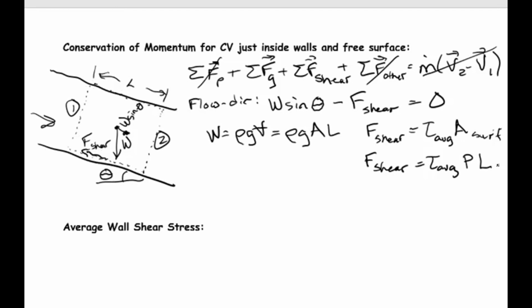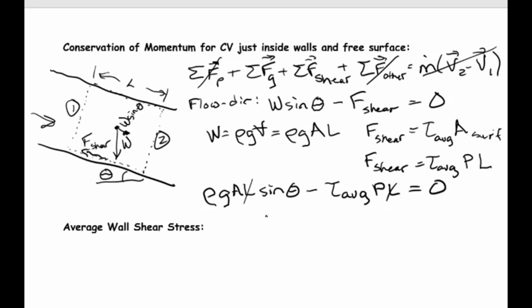All right, so let's put this together, and what we have then, this equation is rho g A, where A is the cross-sectional area, L sine theta, minus tau average P L equals 0. Well, the L's cancel.